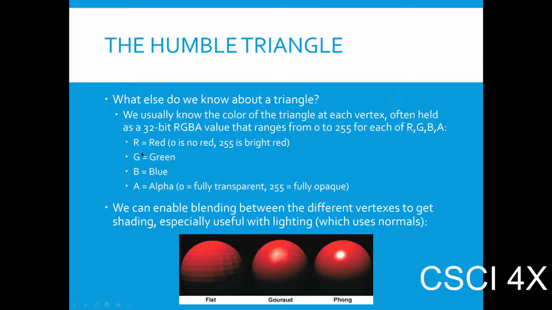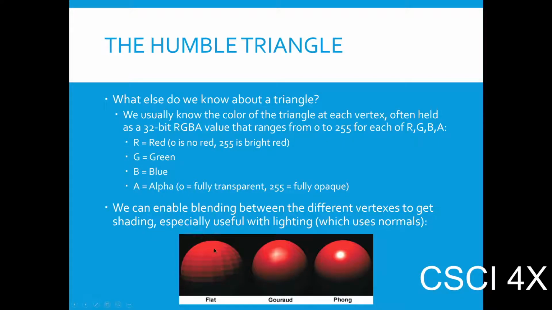So if you have a color that is 255 red, 255 green, 255 blue, 255 alpha, alpha is used for transparency, then you will get a white surface. So if you have 255, 0, 255, you will get a purple surface. Full red, no green, full blue, that is purple. If you get 255, 255, 0, full red, full green, no blue, you get yellow.